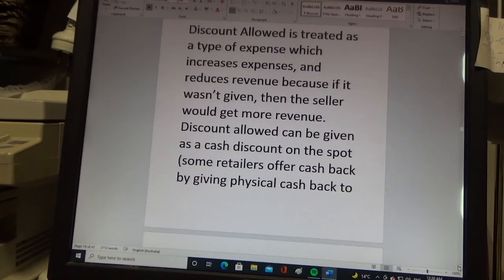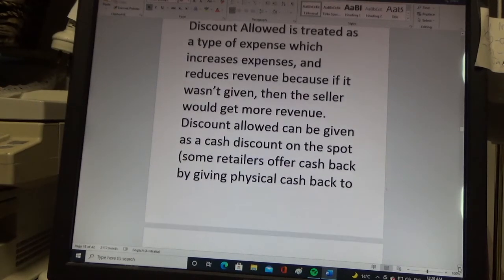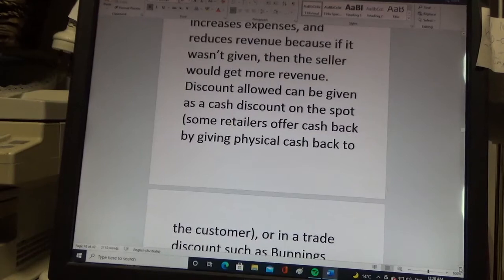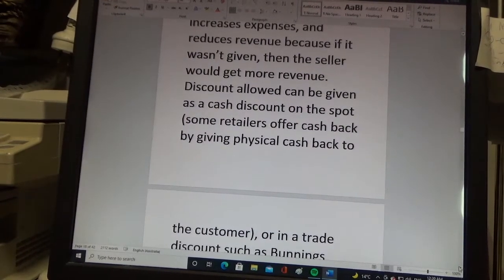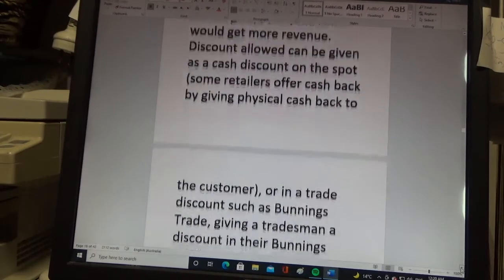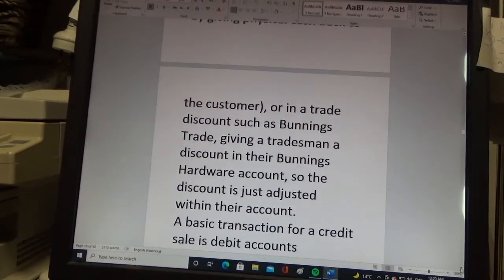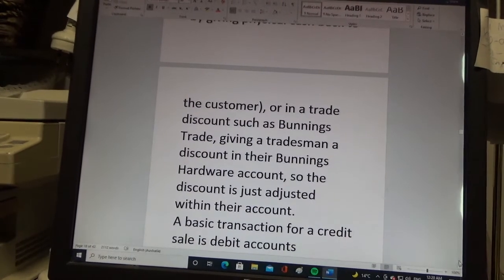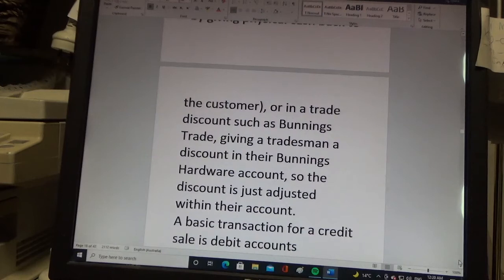Which outweighs what you've lost in revenue. Discount allowed can be given as a cash discount on the spot. Some retailers even offer cash back by giving physical cash back when you buy something, or a trade discount, such as Bunnings Trades, giving a tradesman a discount in their hardware account, so the discount is just applied within the account.